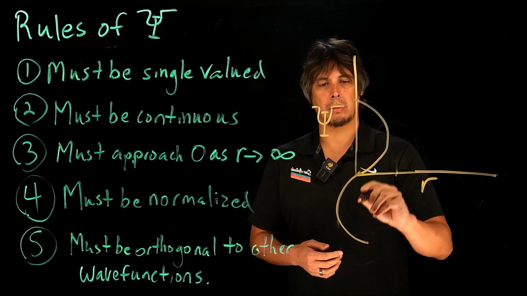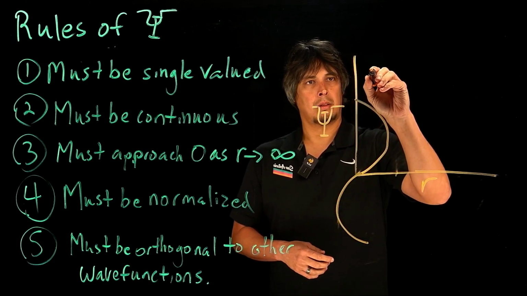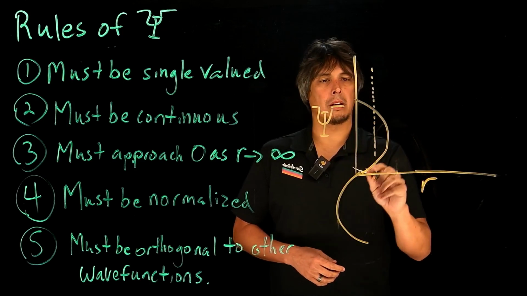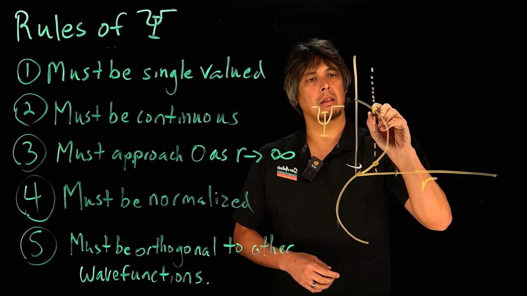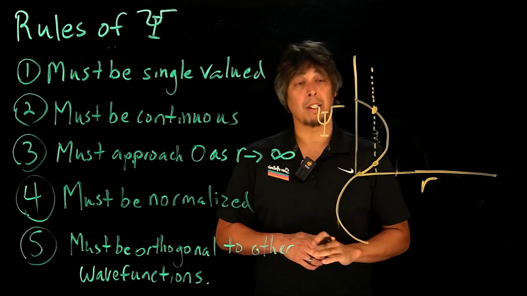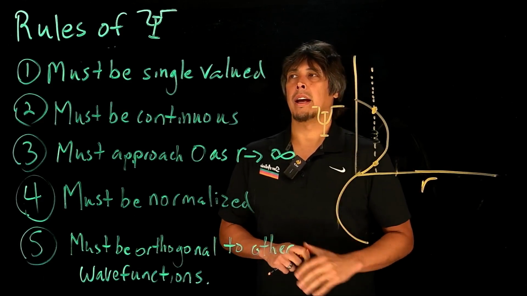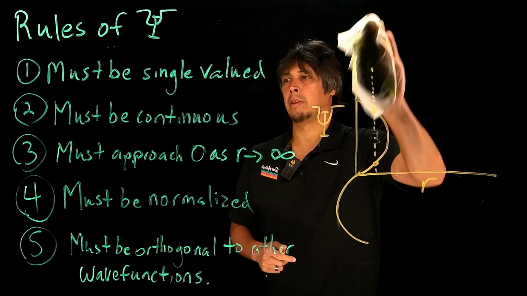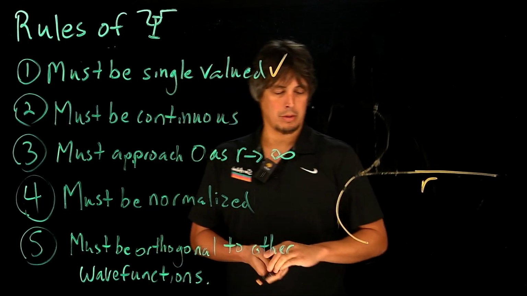Then, let's say we draw a line to the axis, the r-axis in this case, right? And what we see is that this line touches 2 points on the function, okay? This is not a single valued function, and therefore, this would not be valid as a wave function for Schrodinger's equation, all right? So it must be single valued.